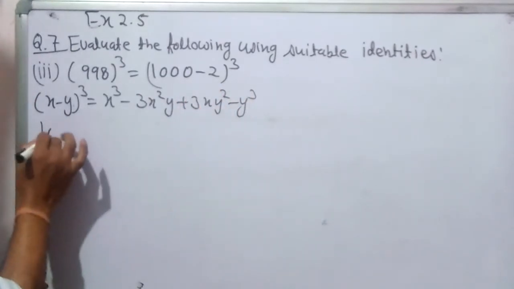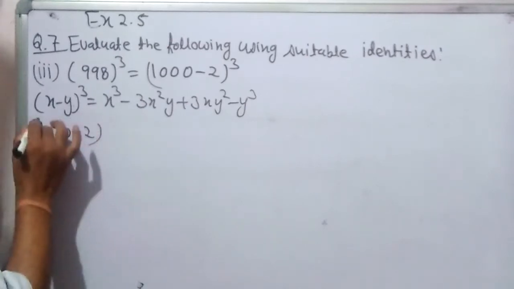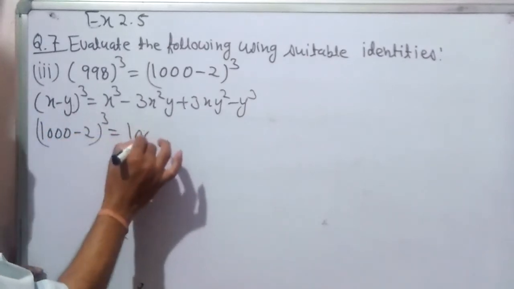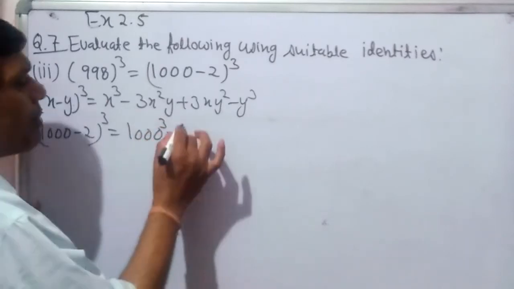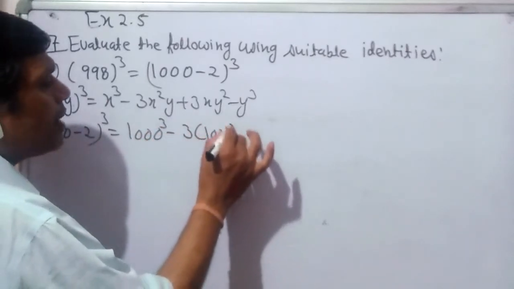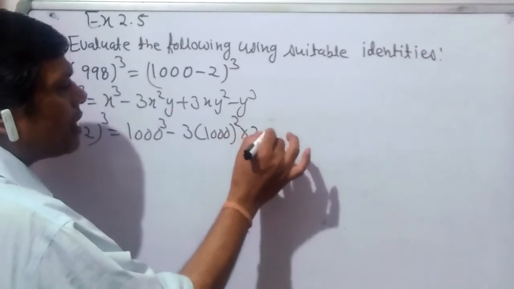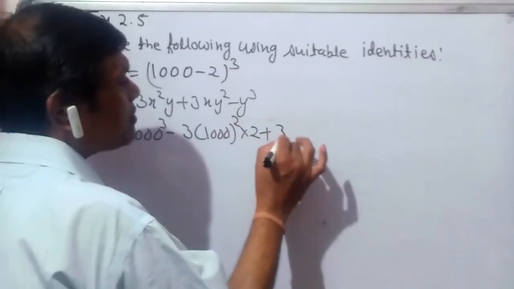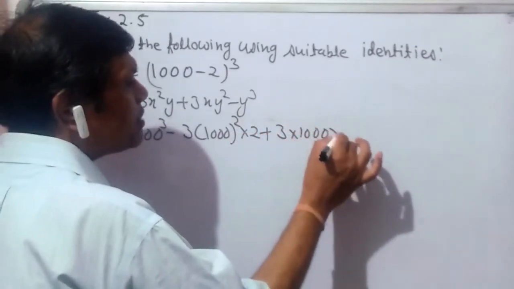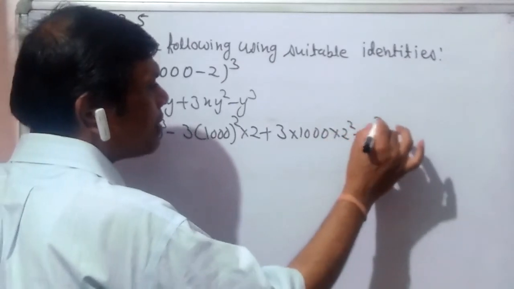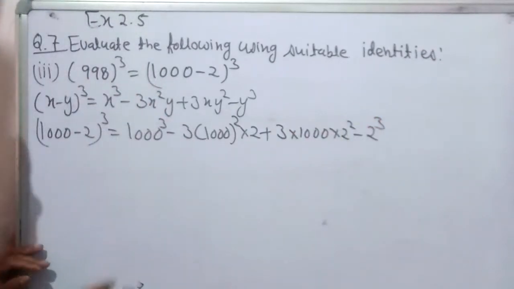Let us put the values. 1000 minus 2 whole cube should be 1000 cube minus 3 multiplied by 1000 square multiplied by 2 plus 3 multiplied by 1000 multiplied by 2 square minus 2 cube.